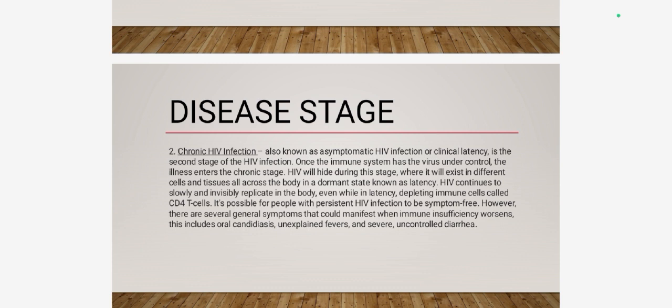The incubation period during the chronic HIV infection might go up to 10 years or decades without another sign of HIV. So always remember that during this chronic period, it is very easy to transmit the virus to someone else.